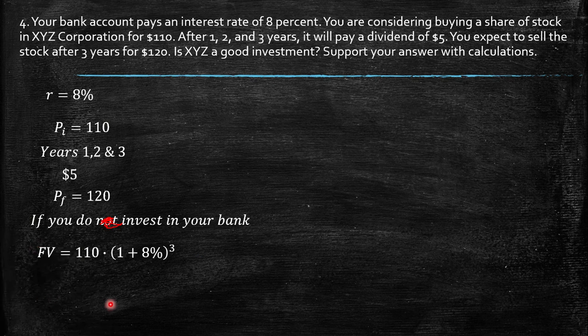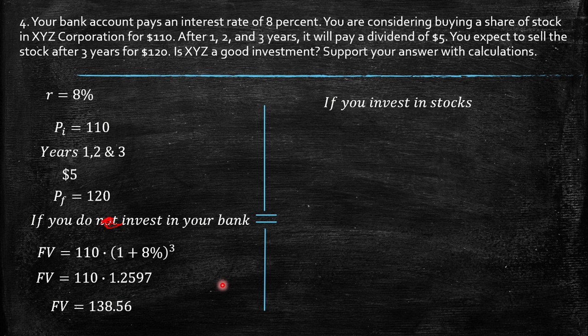If you invest in your bank, you have final value 110 times 1 plus the interest rate that it provides by the bank. And then 3 should be the years that you are able to leave this money in your bank. This is the factor of multiplication of 110, and then you have the final value 138, around 139.